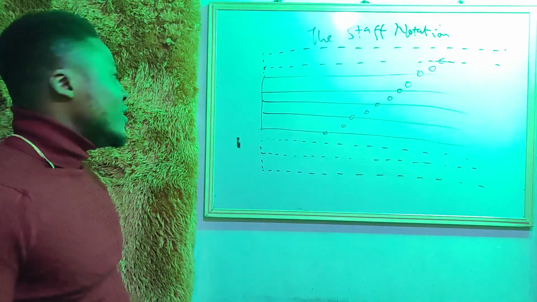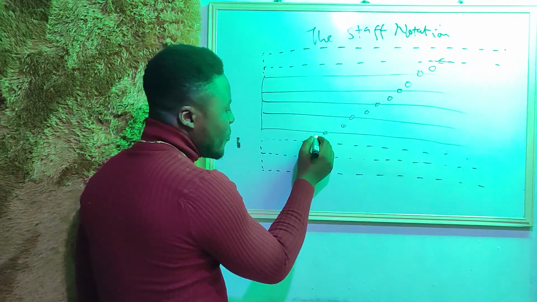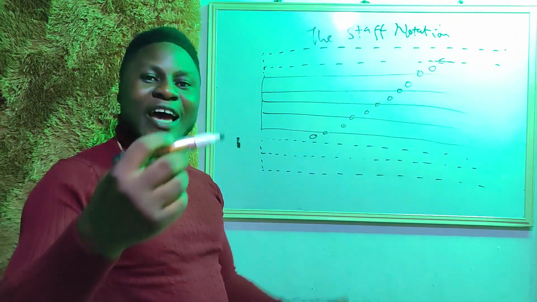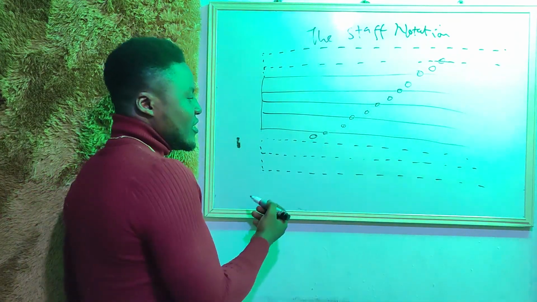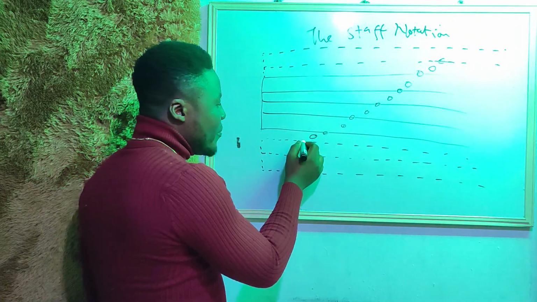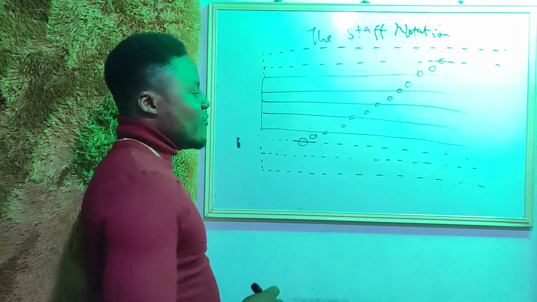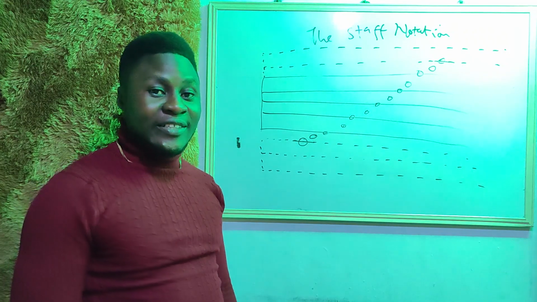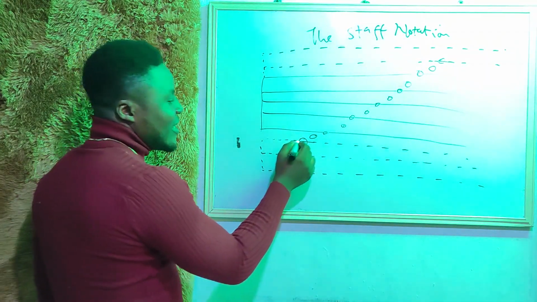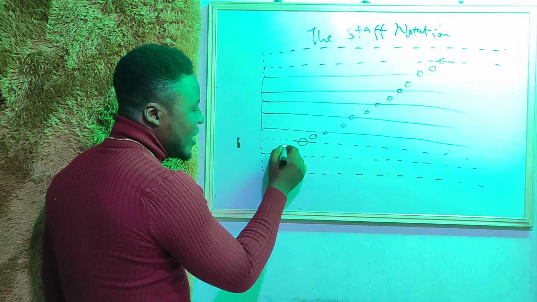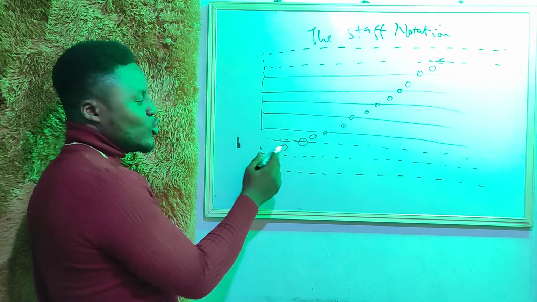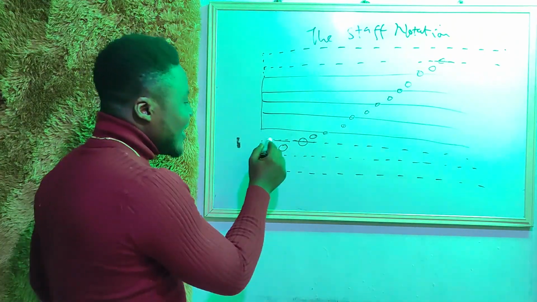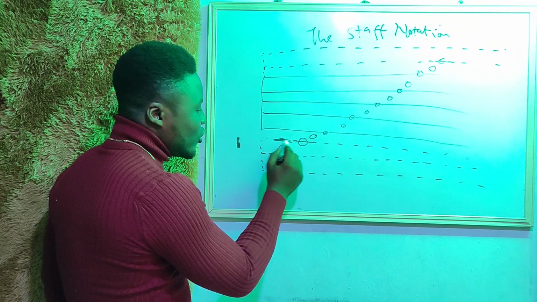Okay? Now, if there is a note dropping to this space and another note coming after this space below, it should be coming on the line. Therefore, we introduce a ledger line. If there is another note dropping, there will be a ledger line above that note to indicate that there is a line above this note.